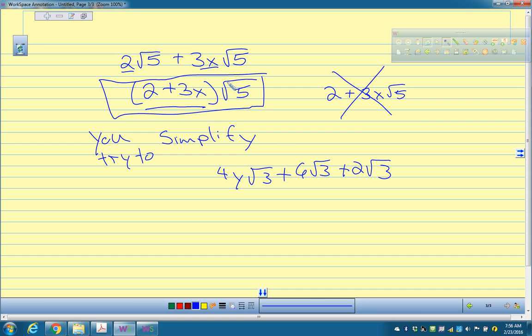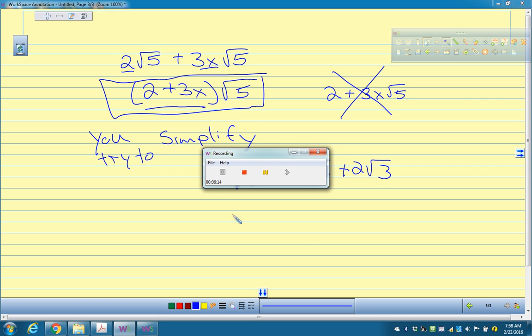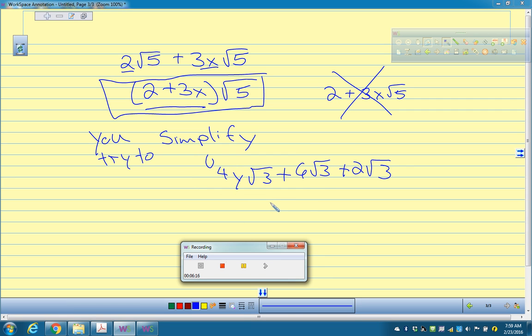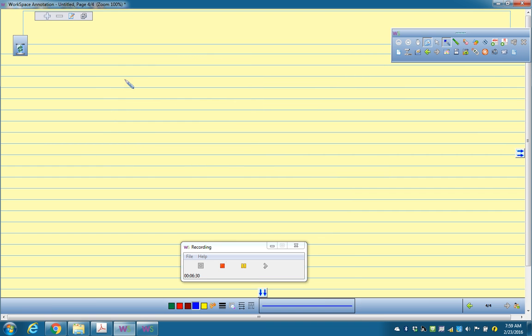So use the idea that I did here and see what you come up with. So you should have gotten 4y plus 8 in parentheses square root of 3. Very good. So you guys almost have this mastered. Okay, so then this is the fun part. You're going to love this, okay? Say I had something like this, square root of 50 plus square root of 8, okay?